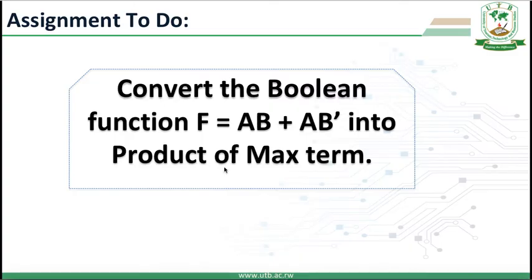So please do a small research on how to convert the canonical SOP form into canonical POS form. It is not as you are thinking. Do the research on how to convert from canonical SOP form into the canonical product of max terms, then you will get the answer. This is a little challenge I'm leaving with you, so you can do small research, complete the assignment, and then send it to me.